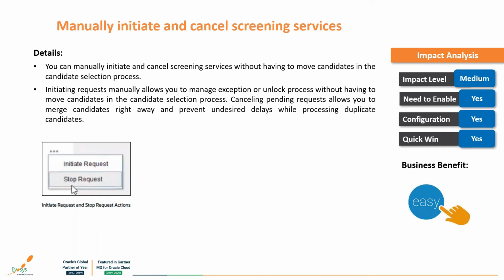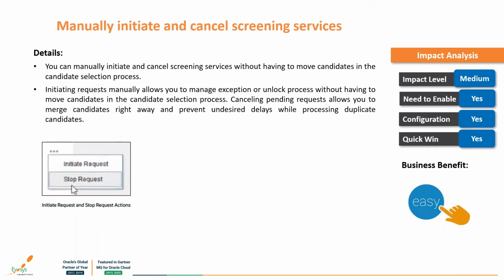This feature is more focused on the screening services, which helps users to initiate or cancel any request. First we will understand initiating a service request. As you can see in the screenshot attached here, there are initiate request and stop request. We'll go through it one by one.